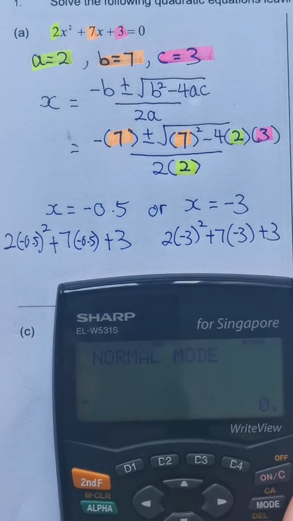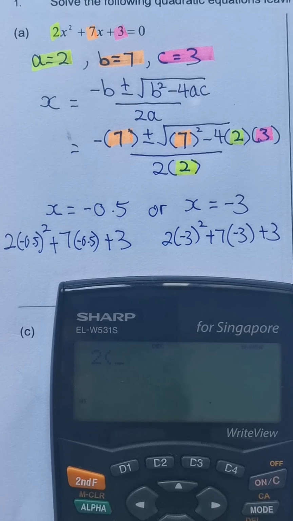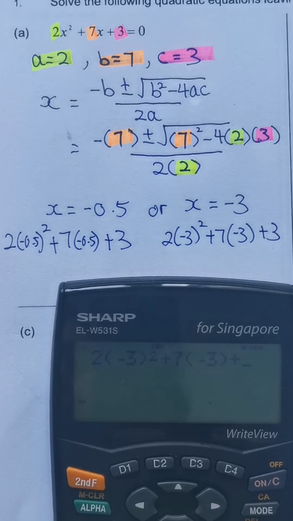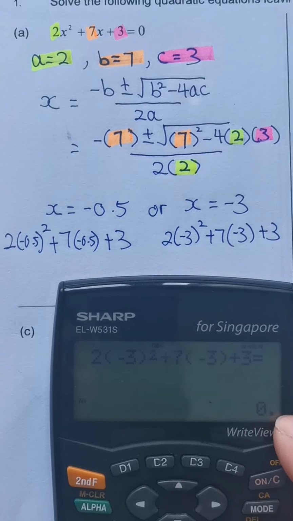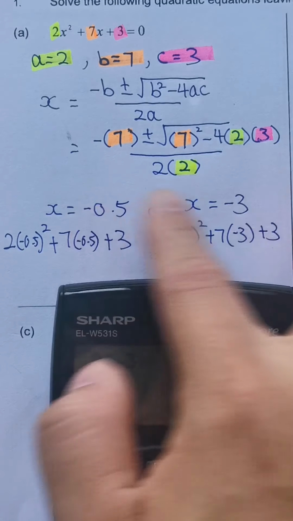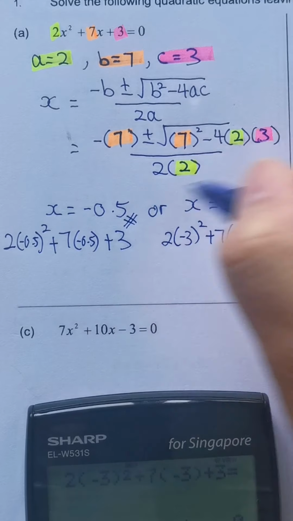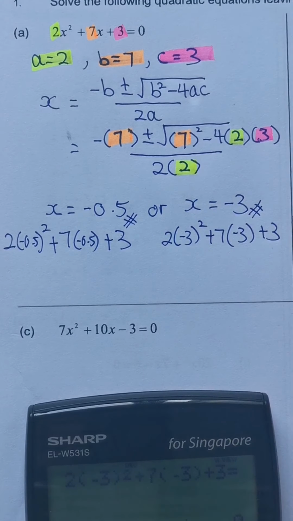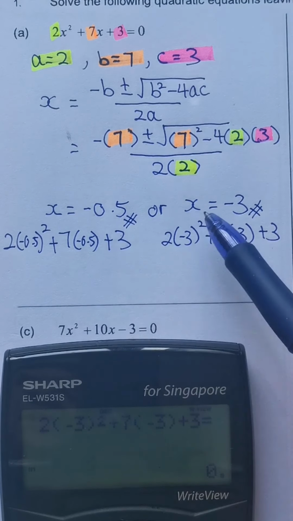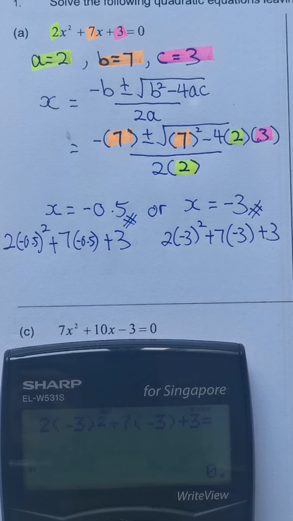Again, I use a calculator to check: 2 bracket negative 3 squared, plus 7 bracket negative 3, plus 3. Again, it gives us 0. So both my answers are correct. With the help of the calculator, you can solve quadratic equations quite easily. Alright, thank you.